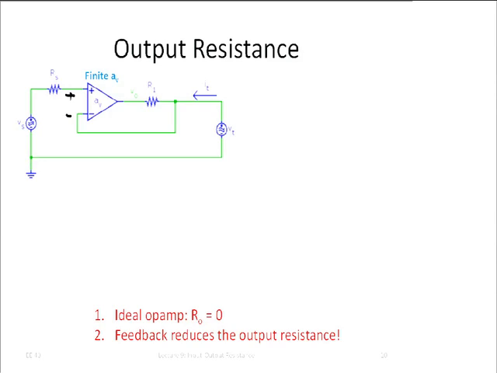And now, rather than introducing some new symbol and complicated description, I simply take my ideal op-amp and add this resistor R1 here, and that models the finite output resistance. I take a source and put a resistor in series with it, and now I have a real source that has finite output resistance, in this case R1. So what I want to know now is what that does to the overall output resistance.